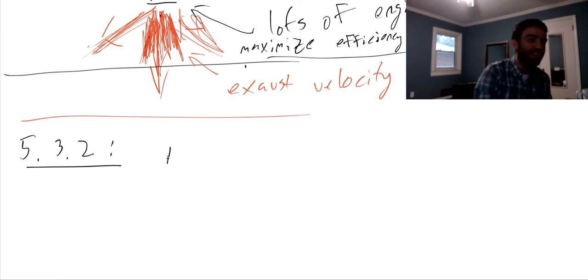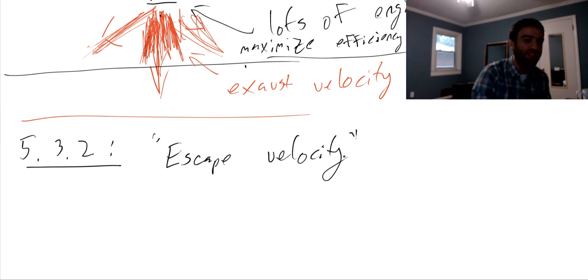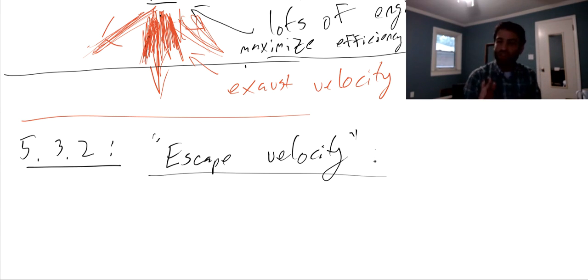So this section is asking, is there an escape velocity? An initial velocity pointed away from the Earth's surface so fast that you could escape the Earth's gravitational pull altogether.